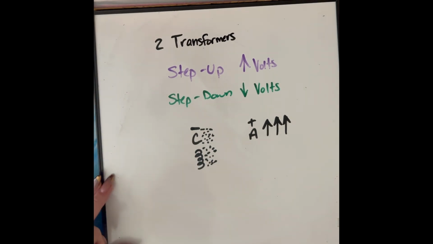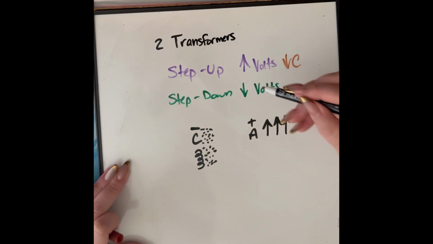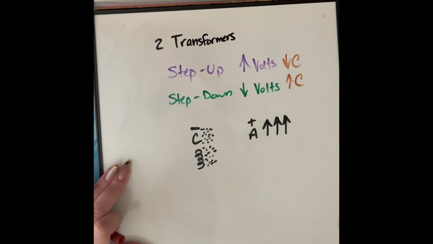So in this case, if we have a step-up transformer, we would expect our voltage to increase from one side to the other and our current to go down. On the opposite end, with a step-down transformer, if our voltage is going down, we should expect our current to go up.